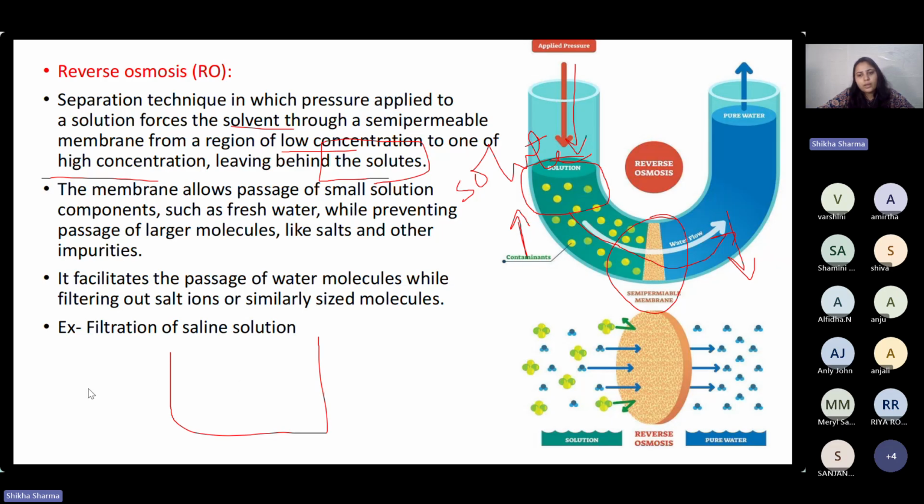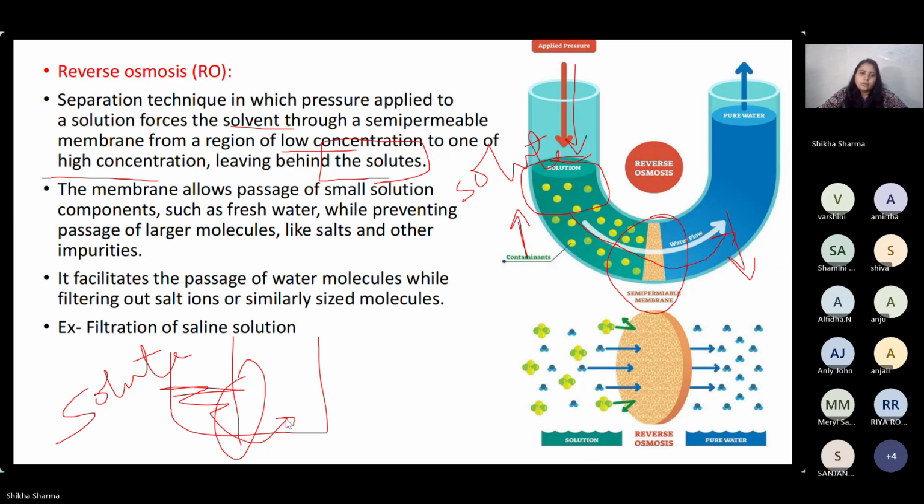The solute, where its concentration is higher, will go from higher to lower concentration, because it can pass through the semi-permeable membrane. That is in terms of the solute, but in terms of the solvent, it will be reversed, which is from low concentration towards its higher concentration it will go.